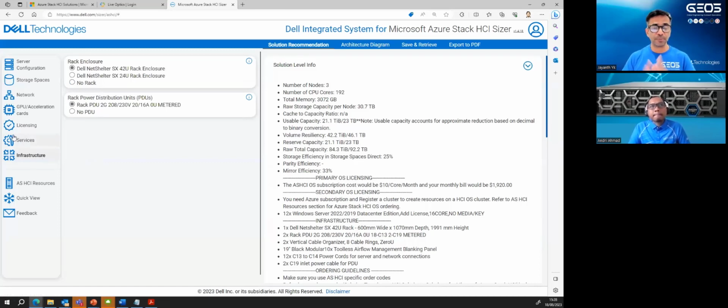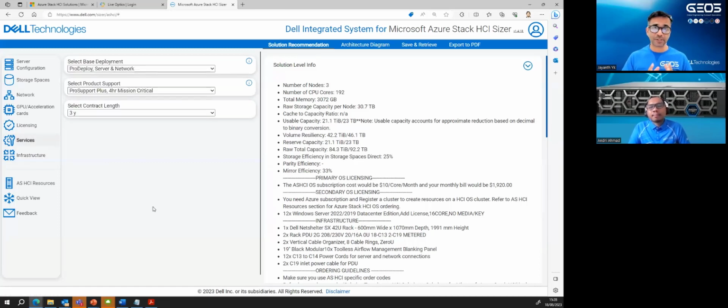Just a quick note, services are part of our solution. That's why it's called an integrated system. We don't call it an integrated system just by selling the hardware. We ensure that throughout the customer's journey, we cover the end-to-end journey, from sizing the solution and identifying the right product for them, all the way to the implementation, and even the migration services using consulting services as well.